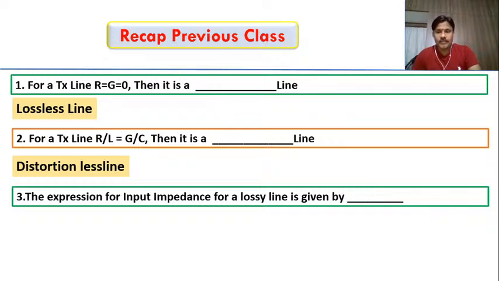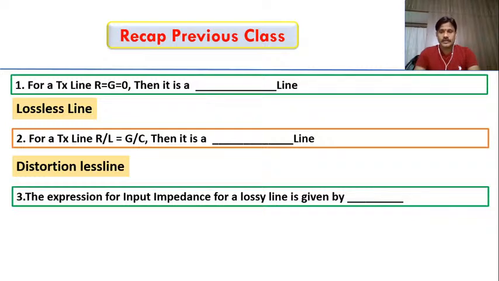remember tan hyperbolic function comes into picture. So generally the expression for input impedance Zin equals Z0 into something. In that something there will be a numerator and denominator. In the numerator both Z0 and ZL will be involved, and similarly in the denominator also Z0 and ZL both will be involved. Z0 is, remember, the characteristic impedance, it is not output impedance.